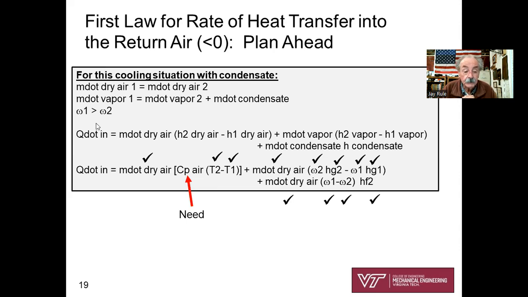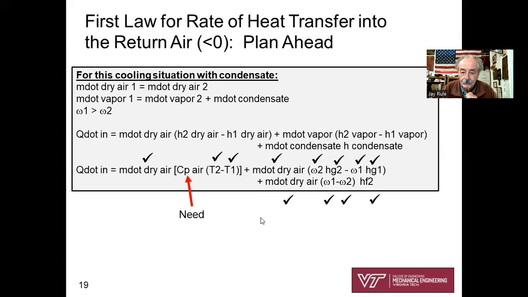So only heat Q on the left-hand side: Q dot in minus W dot out, well, that's 0, equals m dot of the dry air times enthalpy out minus enthalpy in, plus m dot of the vapor at 2 and 1, plus m dot of the condensate.